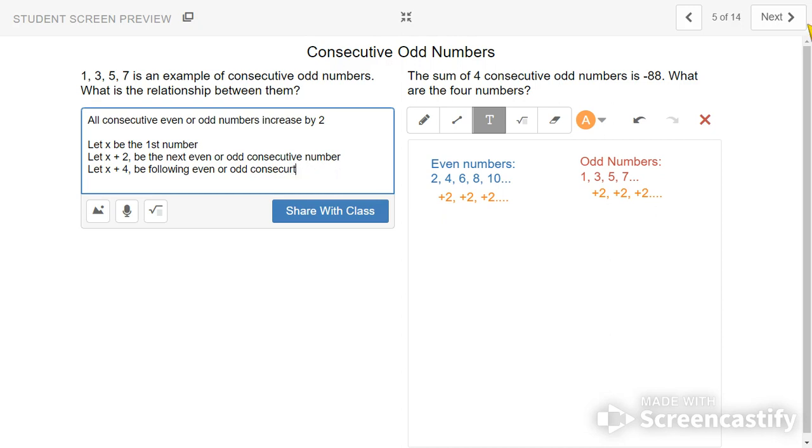Between 1 and 5, we got there by adding 4. Now, if I wanted to go from 1 to 7, I'm going to be adding another 2. So let x plus 6 be the following even or odd consecutive number.